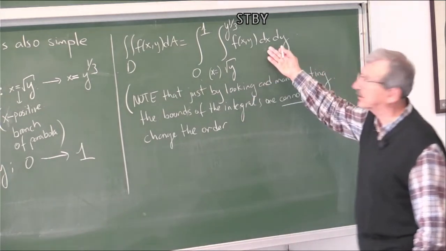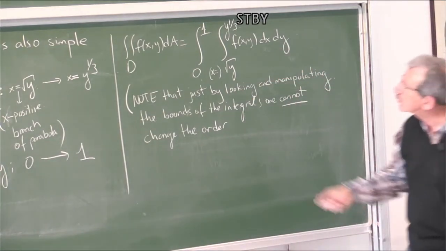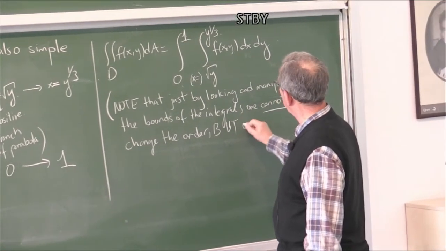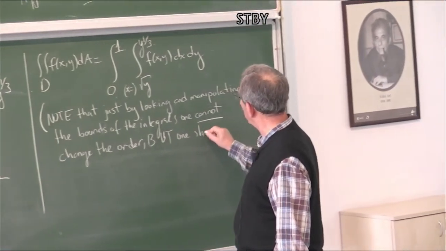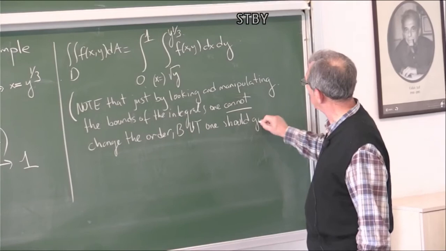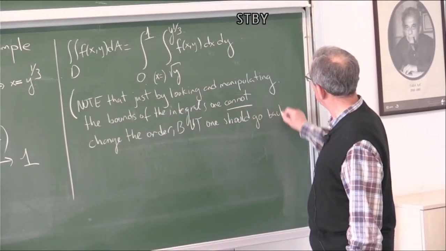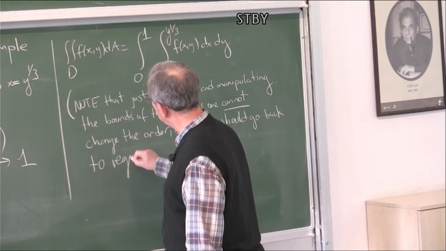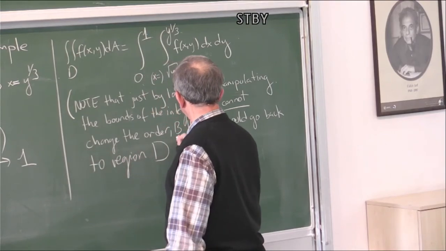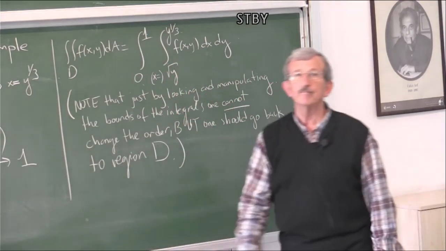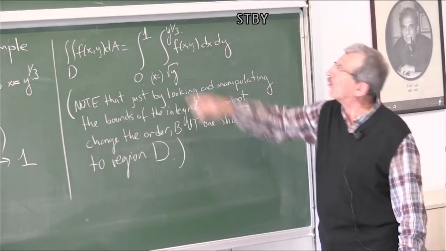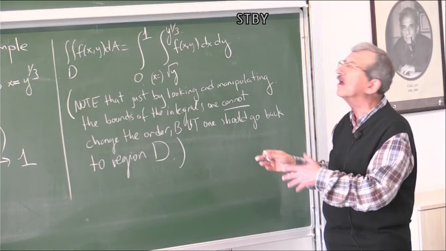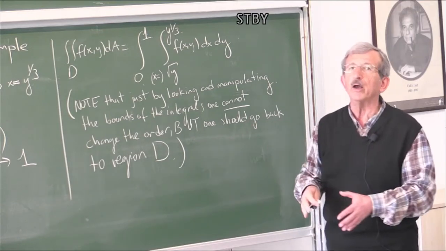Order, x comes first or y comes first, but one should go back to region B. So just by looking at these four bounds, you cannot manipulate and say, I directly write it for y.